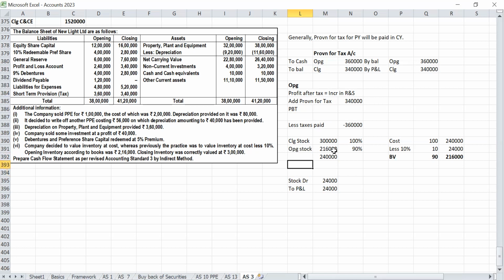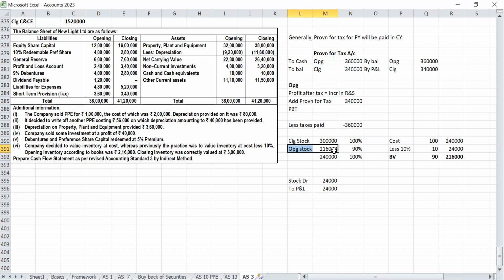Another way of thinking: opening stock of the current year is nothing but the previous year closing stock. Correct? Previous year closing stock is the current year opening stock. So previous year closing stock is also undervalued. Closing stock should be 2,40,000, but I have taken it at 2,16,000 only.